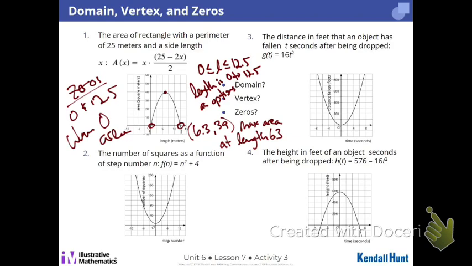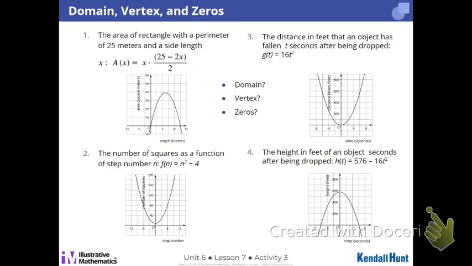All right. Problem number 2. Number of squares in a sequence. Our domain. Who can tell me the lowest number of squares we can have in a sequence? Zeph? 4 squares. Okay, sorry. Let me restate. The lowest step number is what I meant to say. The lowest step number is 0.